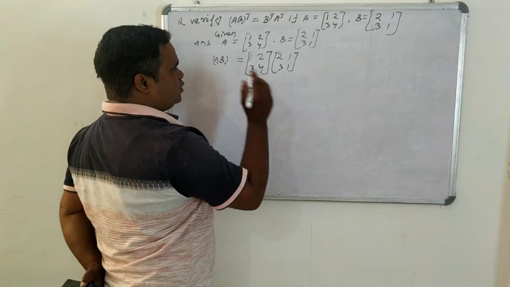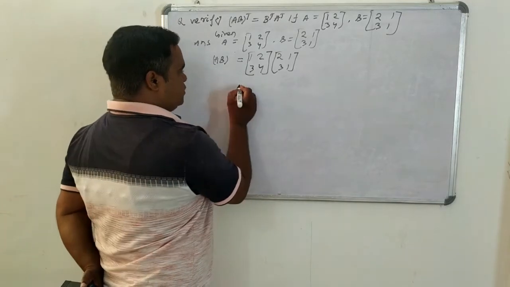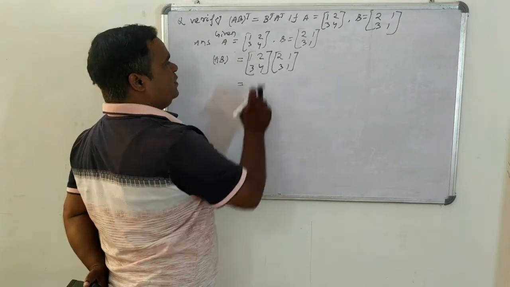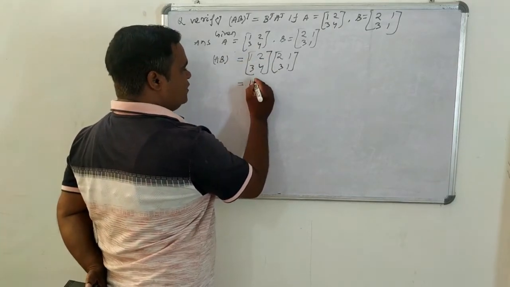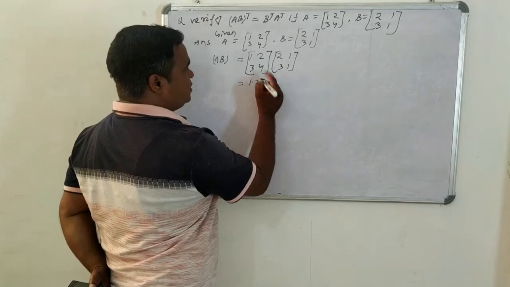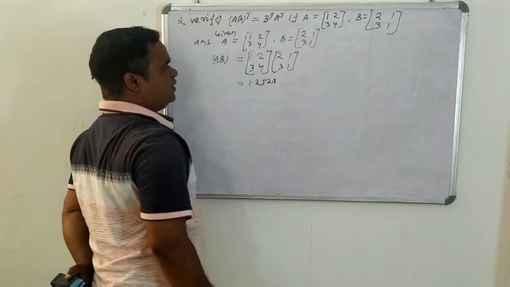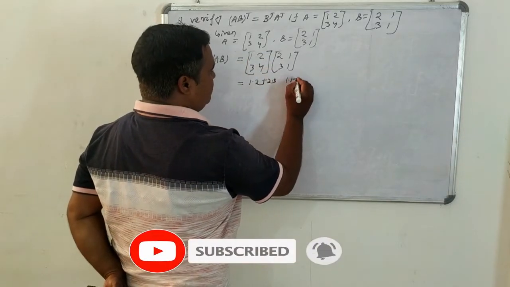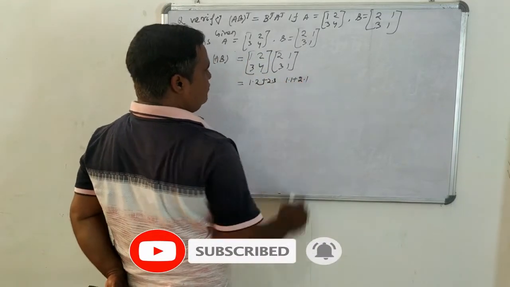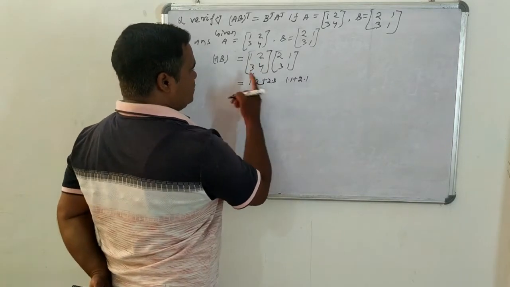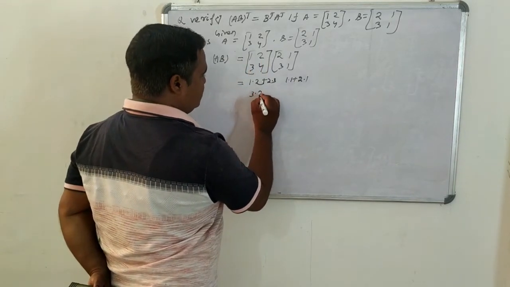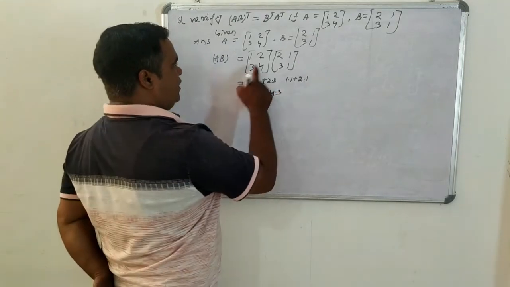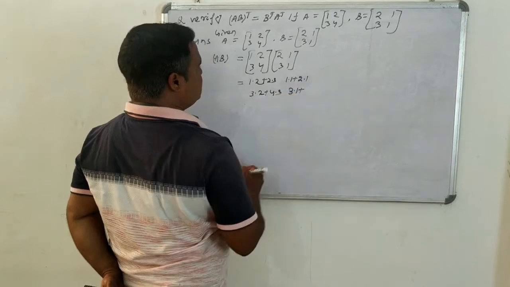So multiplication is possible. First row first column: 1 into 2 plus 2 into 3. First row second column: 1 into 1 plus 2 into 1. Second row first column: 3 into 2 plus 4 into 3. Second row second column: 3 into 1 plus 4 into 1.